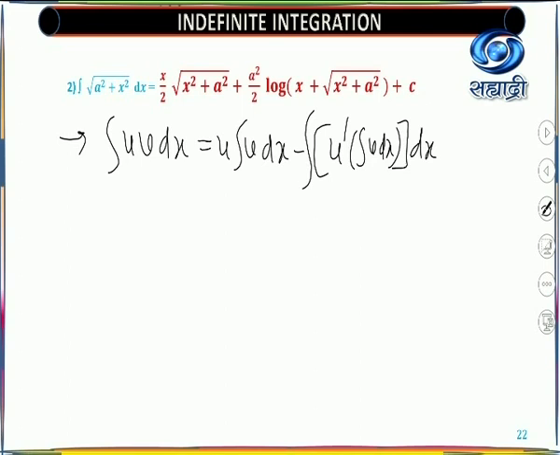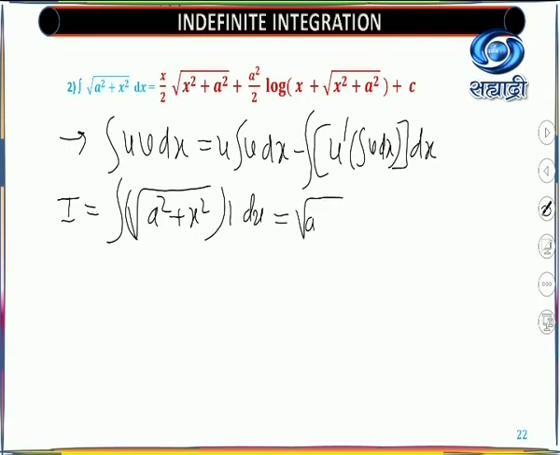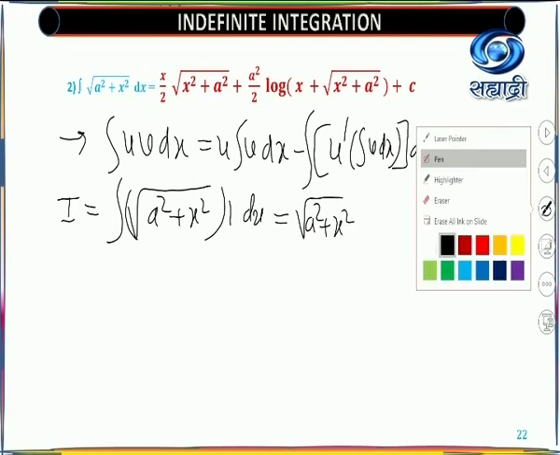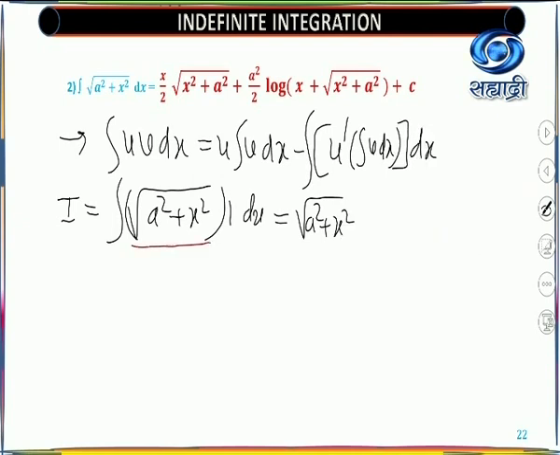Now we start with our integration: I equal to integration of root of a square plus x square into 1 dx, taking 1 as v. By the formula, this root of a square plus x square is your u and this one is your v.